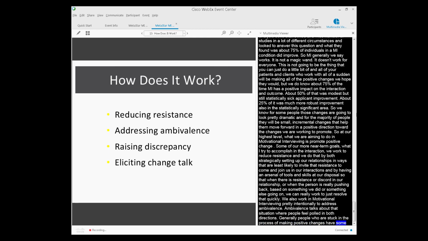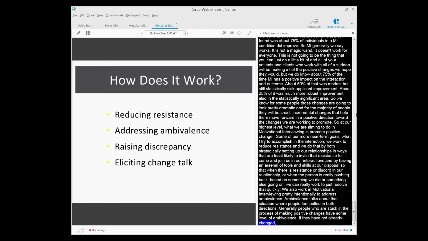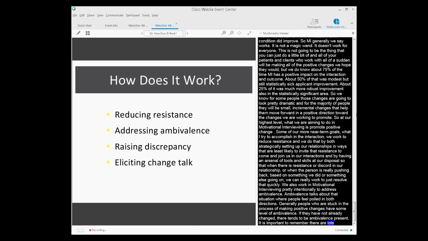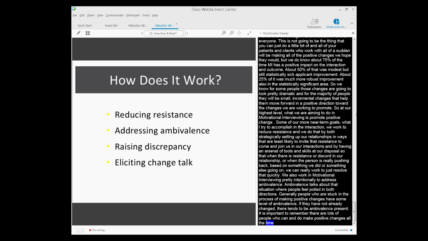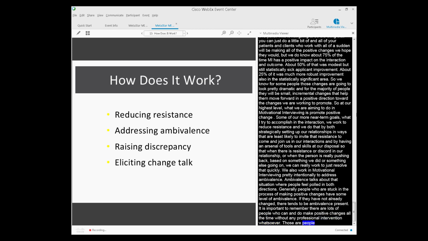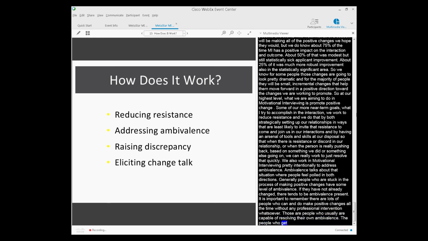So if they haven't already changed, there tends to be ambivalence present. It's important to remember there are lots of people who can and do make positive changes all the time without any professional intervention at all. Those are people who usually are capable of resolving their own ambivalence. The people who get a little more stuck tend to get stuck in that ambivalence.